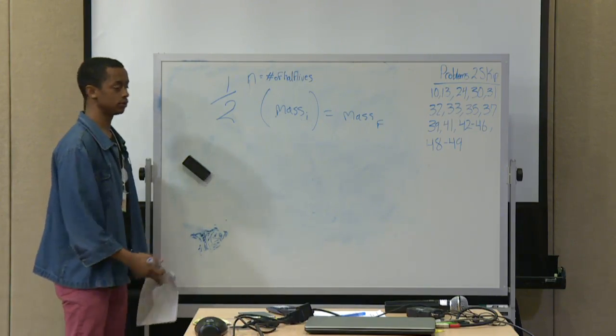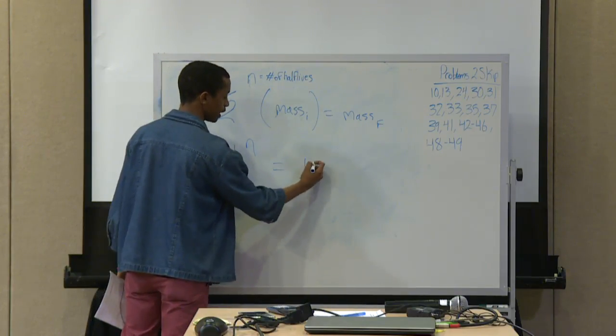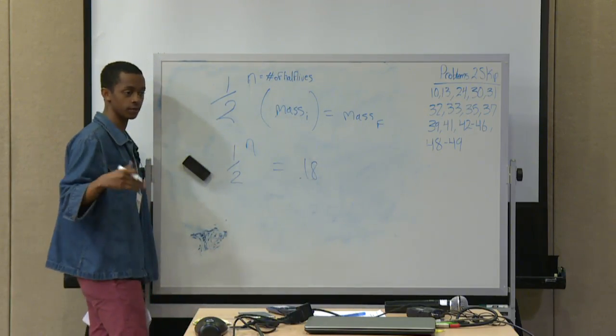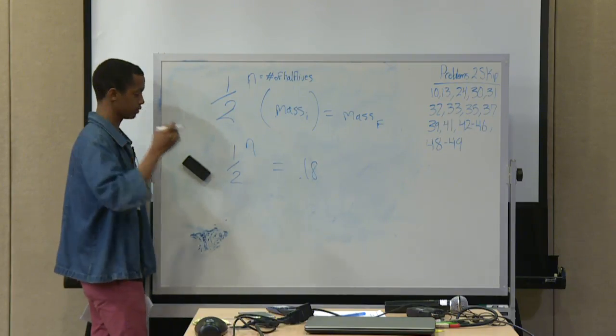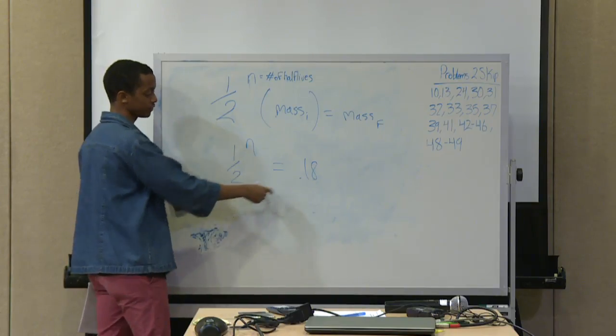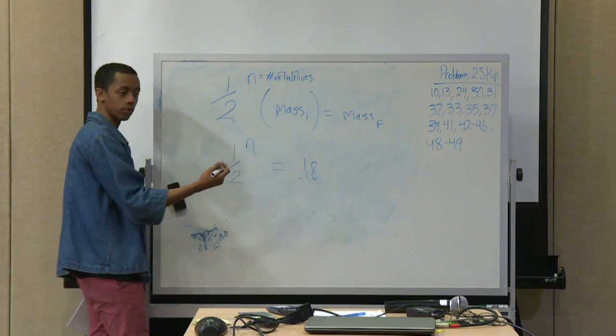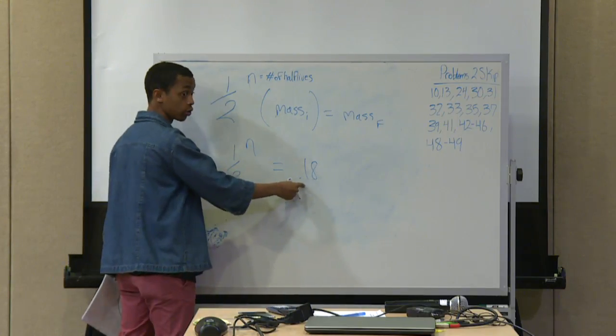We knew that 1/2 raised to the n had to be 0.18. If you didn't remember the change of base formula, if you blanked, you could just put numbers in here. If I put 1 in there, 1/2 does not equal 0.18. If I put 2 in there, it equals 1/4, and 1/4 is a little bigger than 0.18.